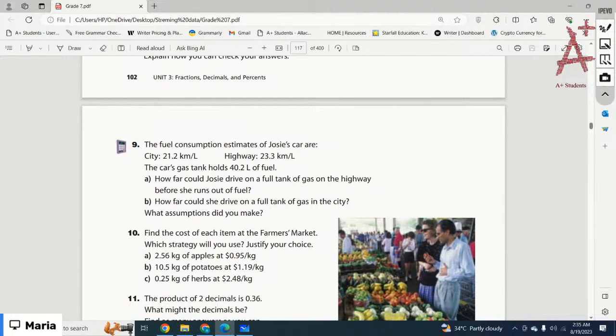In the city she can drive 21.2, and on the highway she can do 23.3 kilometers. The tank is 40.2 liters, right? You have to calculate how much distance she can travel on the highway. Highway is 23.3 kilometers per liter. In 1 liter, the car covers 23.3.